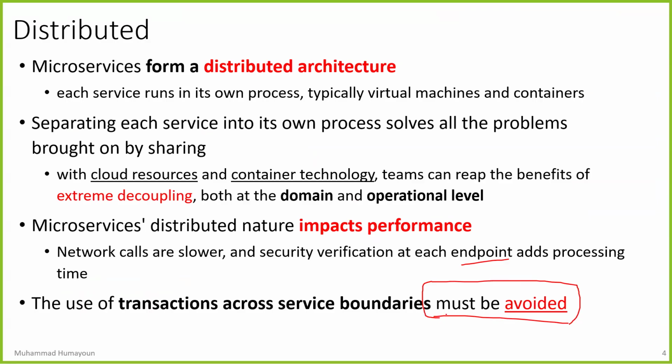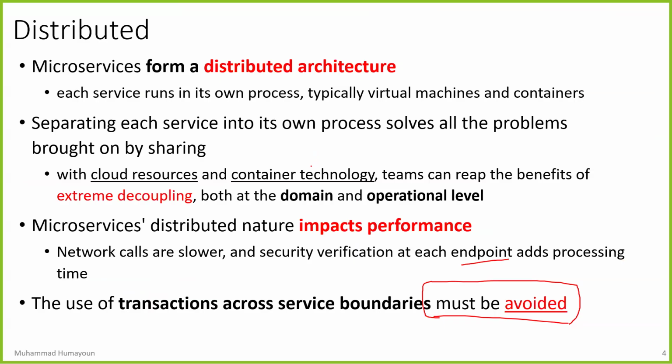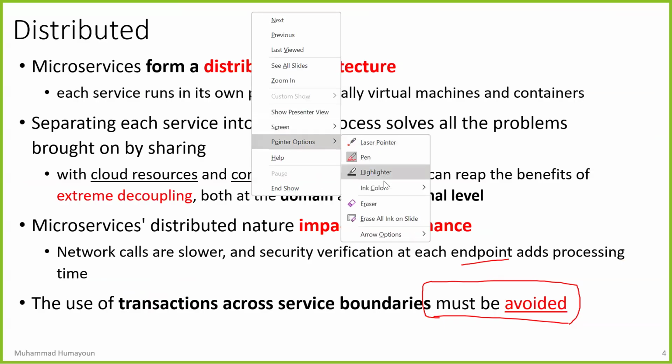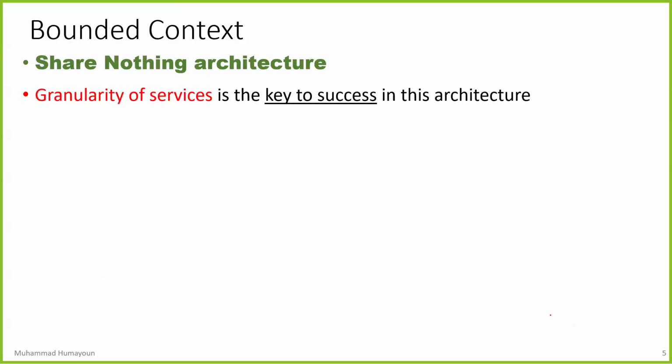Because if you really do not want a service to depend on anything outside of it, you will end up with a big, large monolith doing everything by itself. Then it won't be a microservice to begin with. In real life, things depend on each other, so we cannot fully have this. There will always be some dependencies, so we need to be ready. But in principle, the dependencies must be avoided.